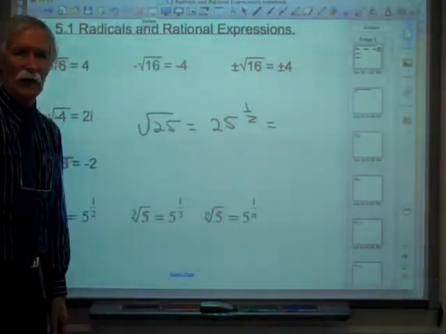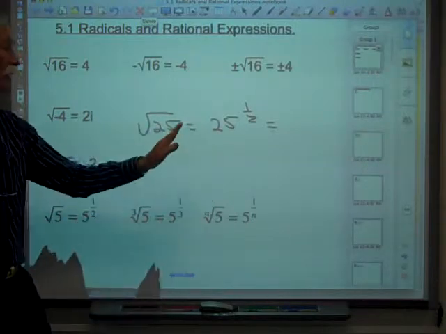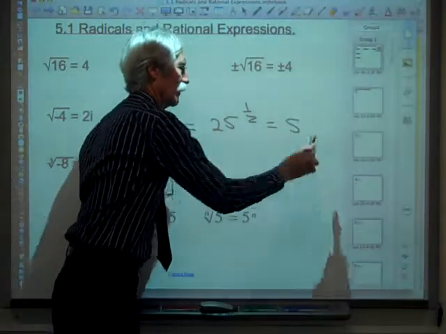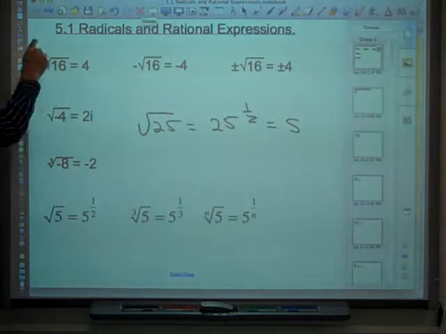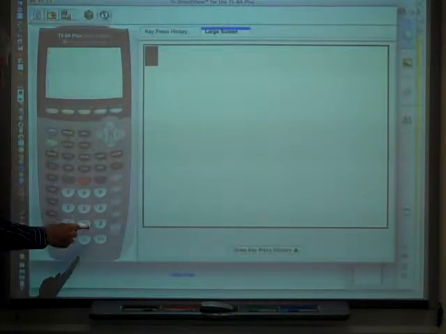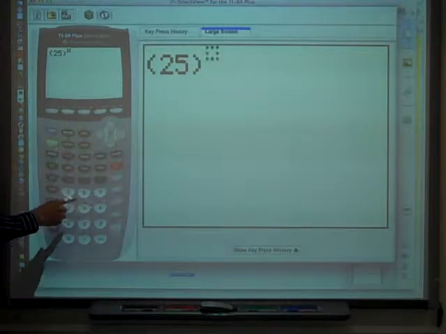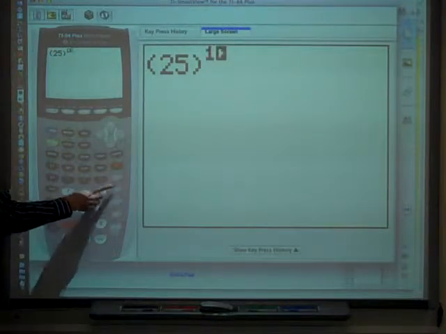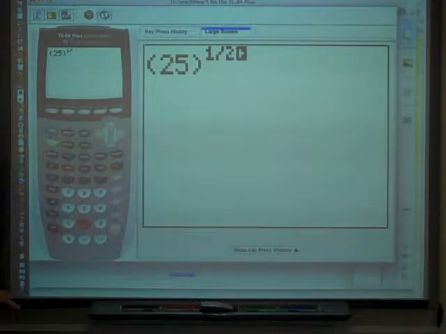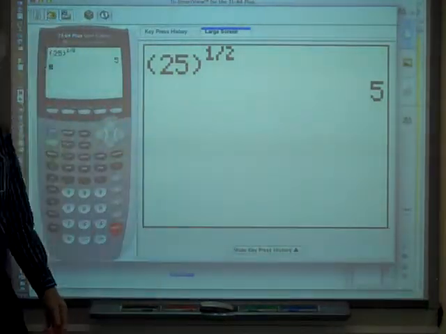If you just see that problem, you should say, that's a square root of 25 problem. What's the square root of 25? 5. And if you do that with your calculator, of course your calculator understands that. So if you do 25 to the power of 1/2, it knows the 1/2 power is a square root, and it will give you 5.